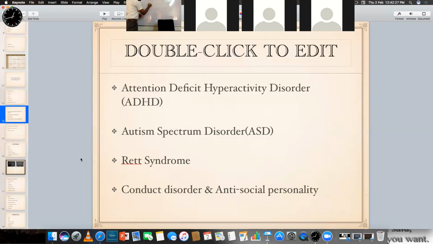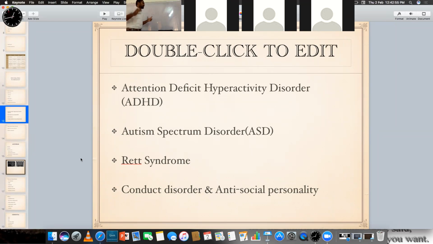There's Fragile X syndrome. This must have been dealt with in biochemistry and molecular biology. In Fragile X syndrome, these are the guys who have large heads with long ears, like those of Aamir Khan in PK.